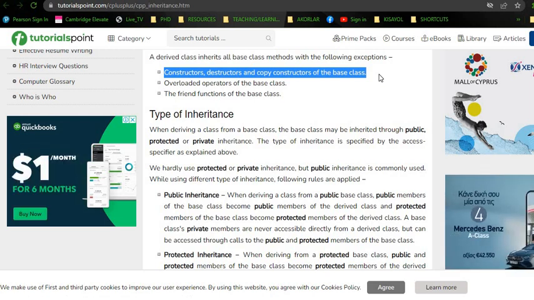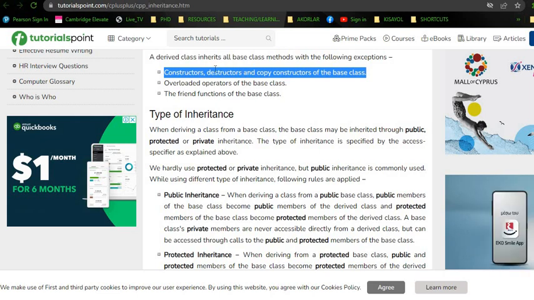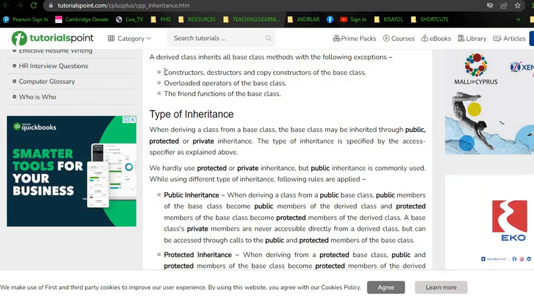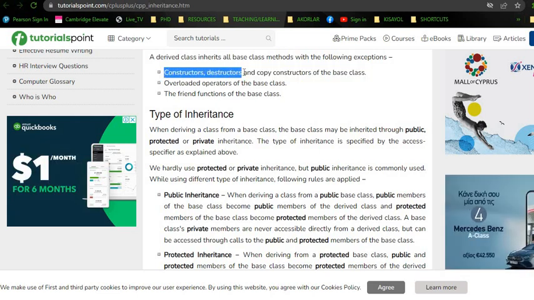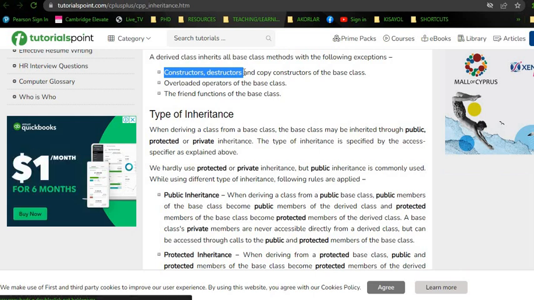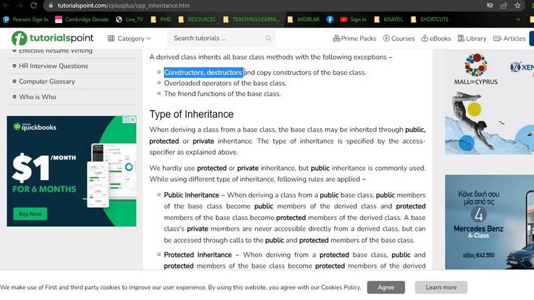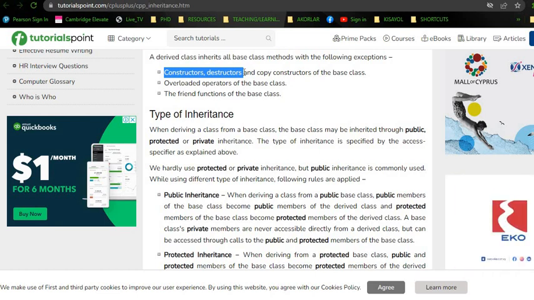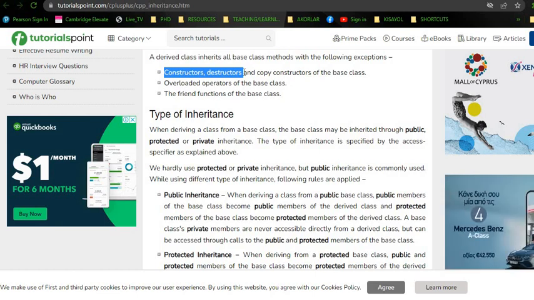You don't need to think about that for now. But for constructors and destructors, the ones written in the base class will not be inherited.